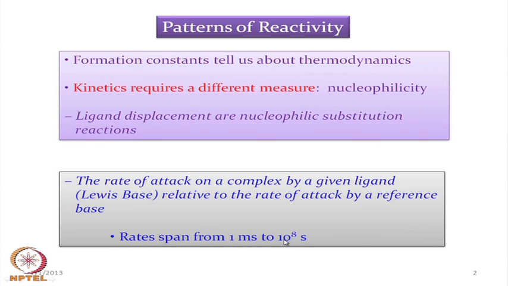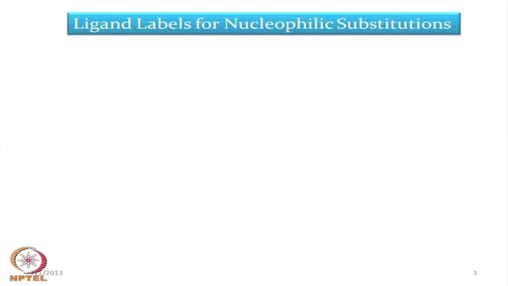In this window we can measure the reactivity pattern, that means the rate of formation of the product and its dissociation by some mechanism. This gives us the ligand labilities, and these ligands we can use for nucleophilic substitution reactions.